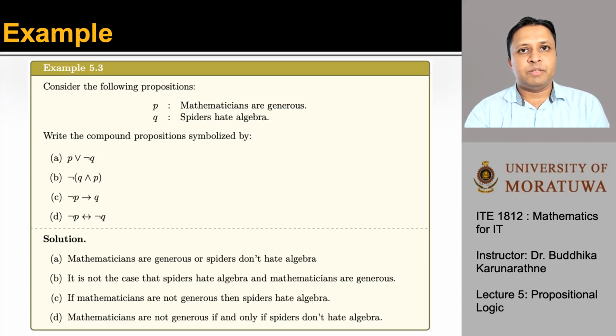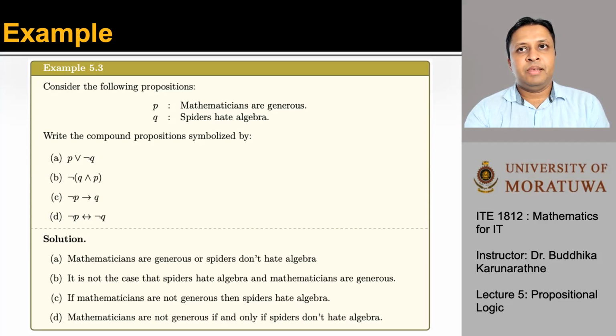Looking at the two propositions, P and Q, you need to write what is meant by P disjunction negation of Q. The answer is: mathematicians are generous, or spiders don't hate algebra, because disjunction means applying the OR logic.